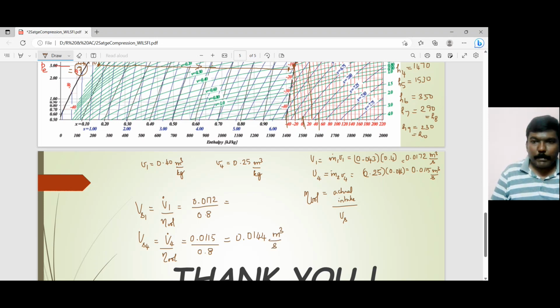So that is the swept volume, and this is supposed to be smaller than the other. Now 0.0172 divided by 0.8 is 0.0215. So that is the swept volume of the low pressure compressor, and this is the swept volume of the high pressure compressor. Okay, so thank you.